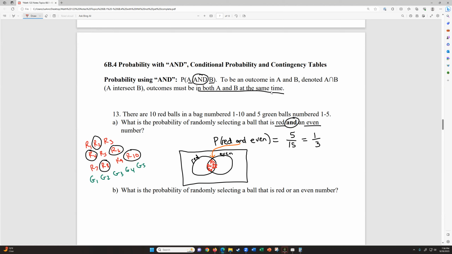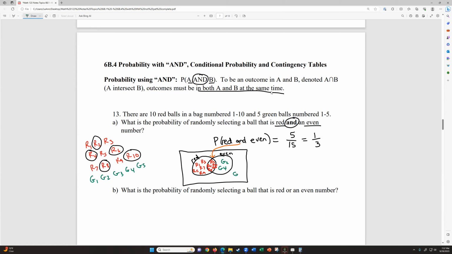If you're red with an odd number, you go out in the red circle: red 1, red 3, red 5, red 7, red 9. If you're even, you also go in the second circle. So there are some greens that are even, but they're not red, so they wouldn't be in that overlapping part, like the green 2 and the green 4. Now you might be thinking, where would the other ones go?